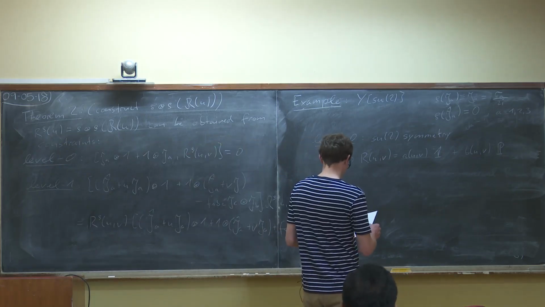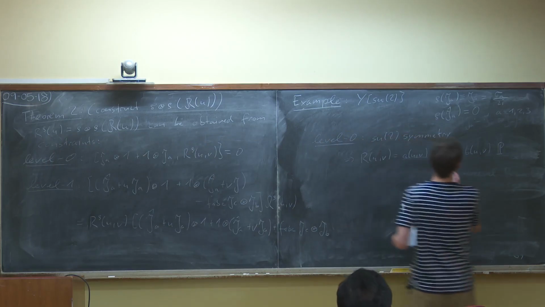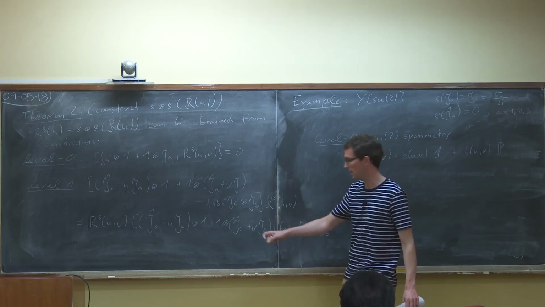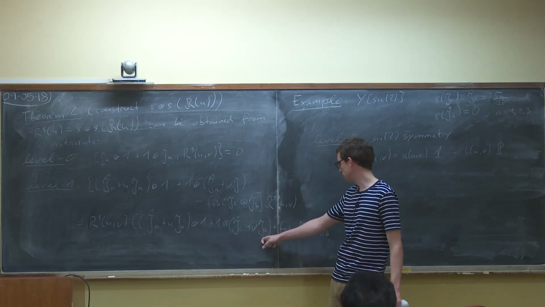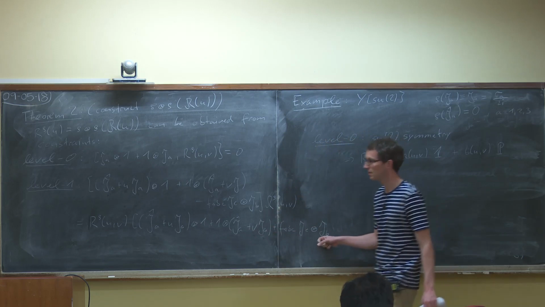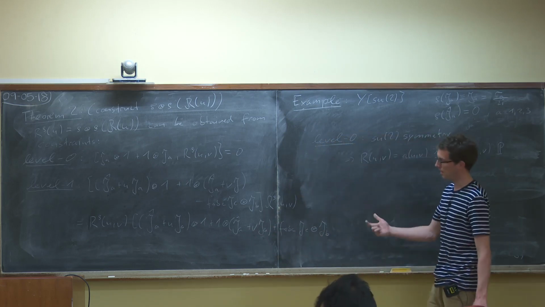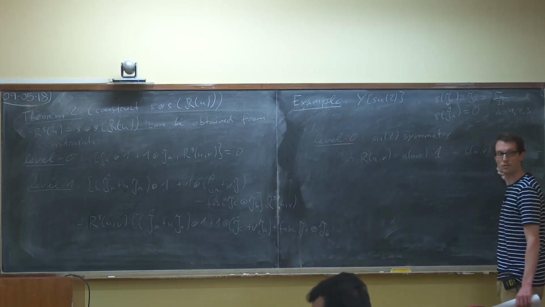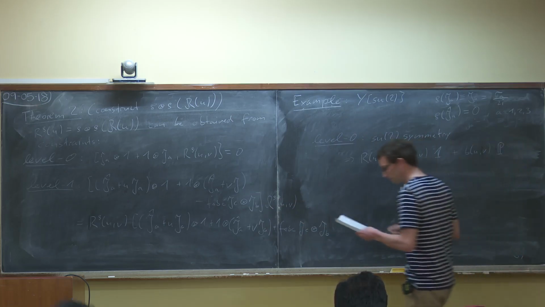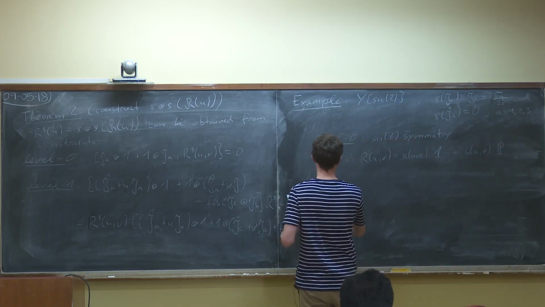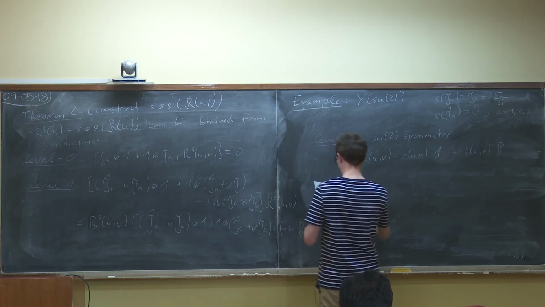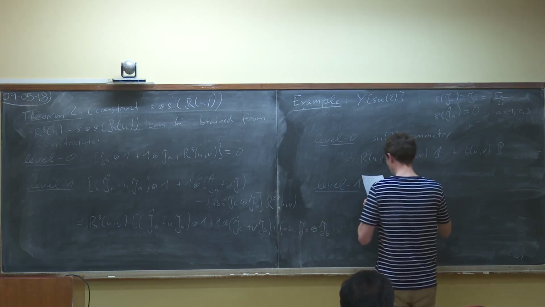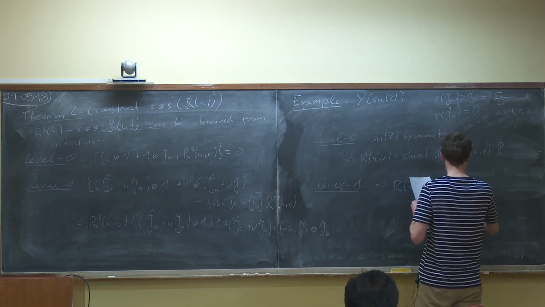I do this generically, and now one can really sit down and plug everything in, the Pauli matrices. I set this to 0. This is essentially a Pauli matrix. These are Pauli matrices. And I evaluate these constraints given this solution to the level 0 symmetry. And what I find is that R of U and V has to have this form.